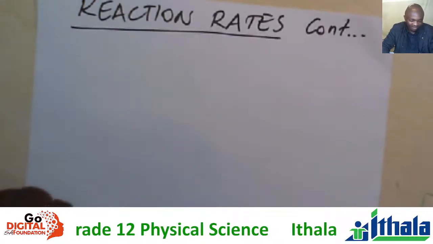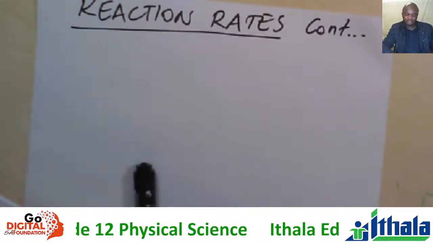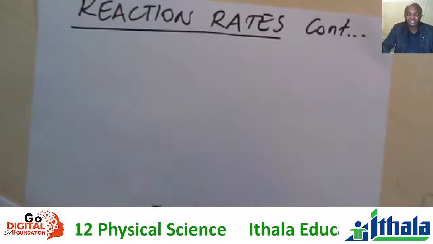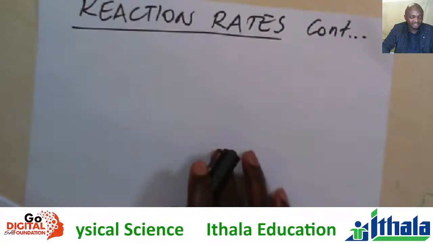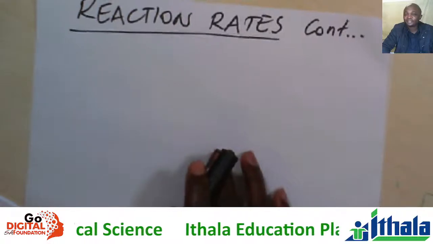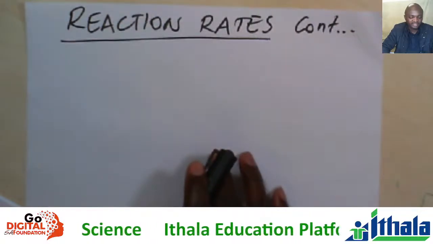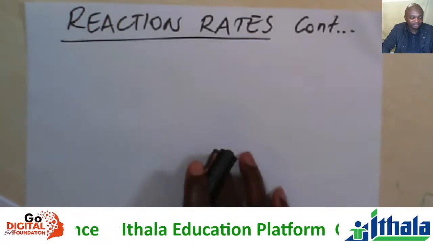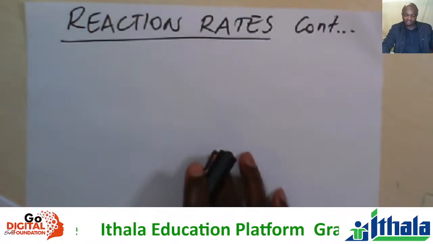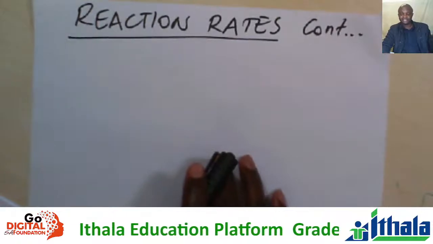Siqhubeka la sigcine khona last time sikhuluma ngama reaction rate, sachaza ukuthi yini reaction rate. Kodwa siqale sakhuluma ngama endothermic exothermic reaction, then sakhuluma nge-collision theory, and then safika lapho kumele sikhulume ngama reaction rate.